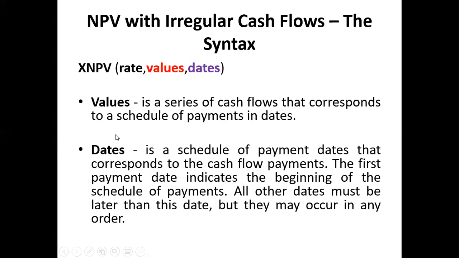So you may select all the cash flows, and most importantly, the corresponding dates of these cash flows also need to be selected. That is the most crucial aspect, because you are specifying the dates on which the cash flows would occur. So accordingly, together with the values, the corresponding dates have to be given.